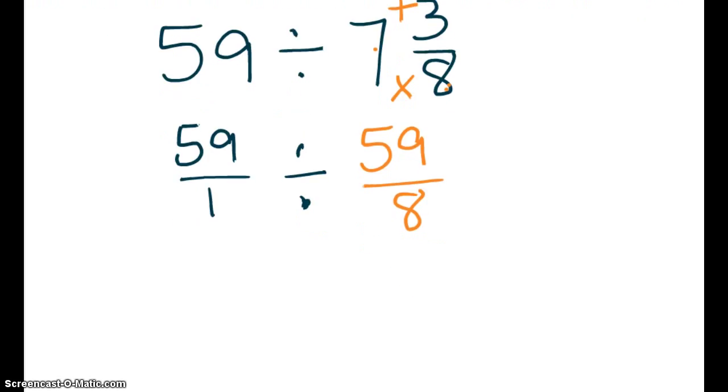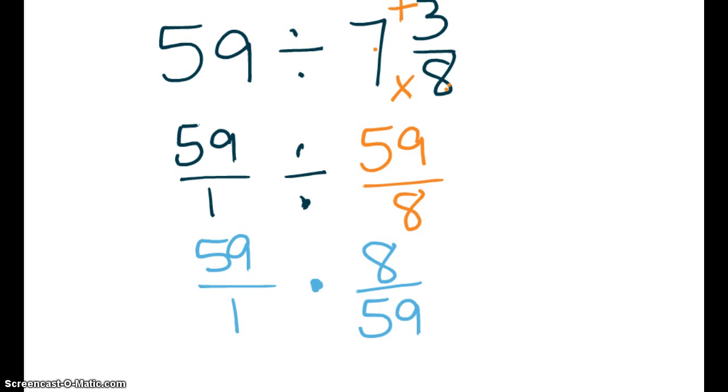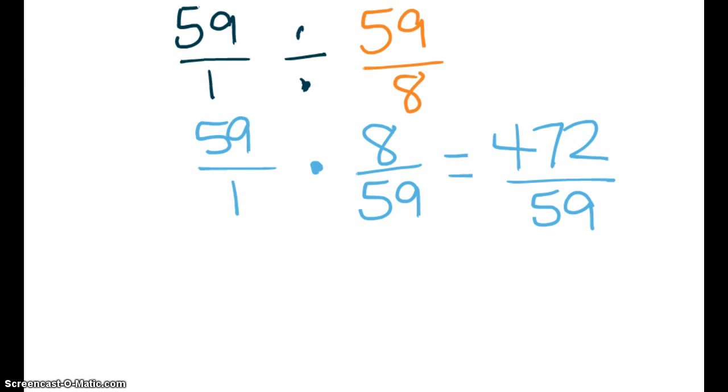And now, remember, when you divide fractions, you keep the first value the same and multiply by the reciprocal of the second value. So 59 times 8 is 472, divided by 59. Then you're going to write 472 to the side, divided by 59.